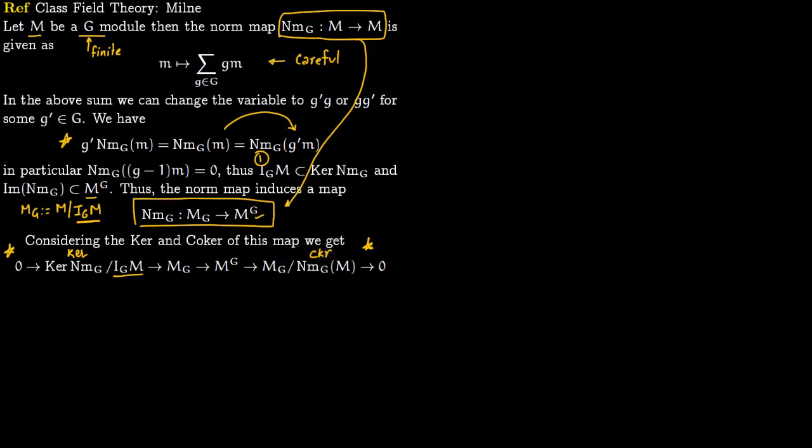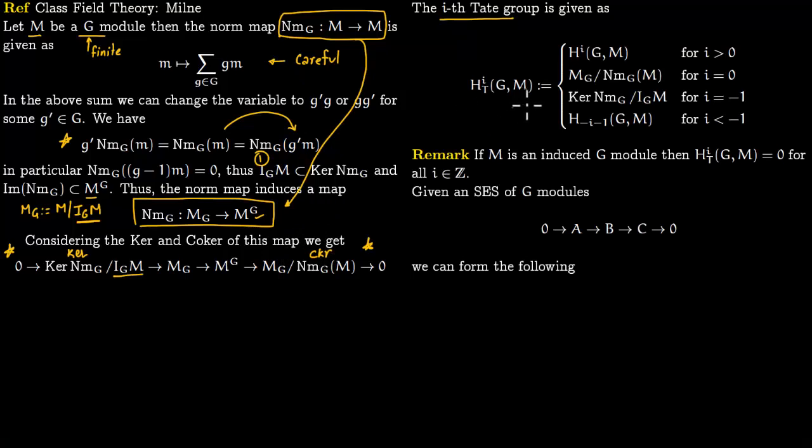Now we define the ith Tate group. The ith Tate group is defined as this, Ĥ superscript i, where the T is for Tate. For i greater than 0, you have our standard cohomology groups. For i equals 0, you have the cokernel, so this cokernel right here is going right here.